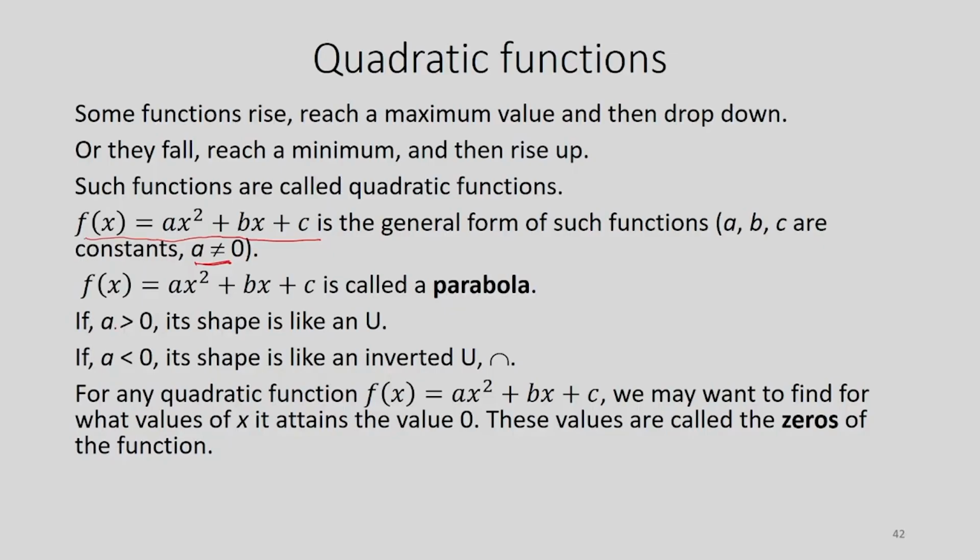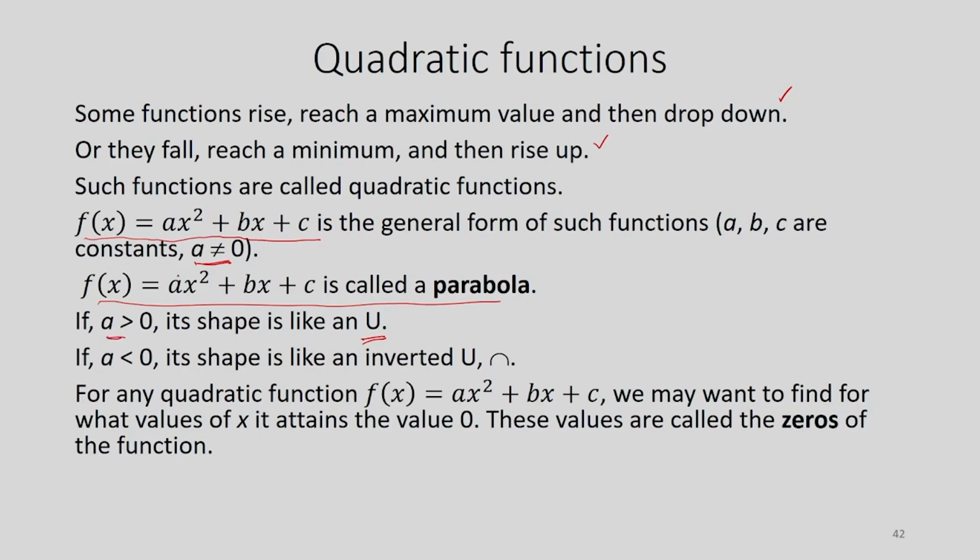Now, the graph of this function is also called a parabola. Okay. And we talked about two kinds of movement of this function. It can go down and then after reaching a minimum it can go up. So, this will be like a U shape, roughly, but in that case you need a to be positive.